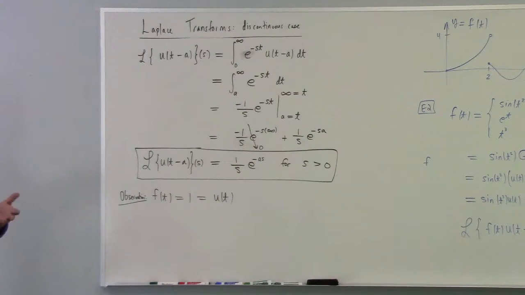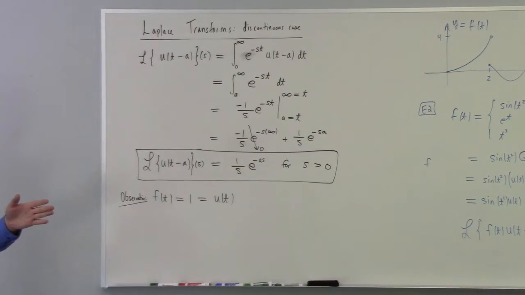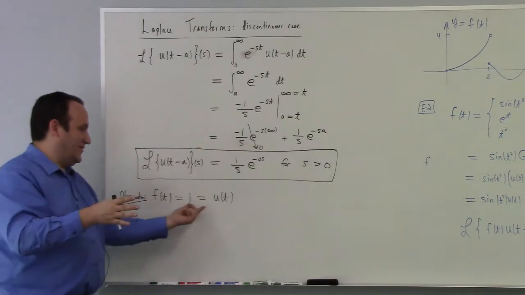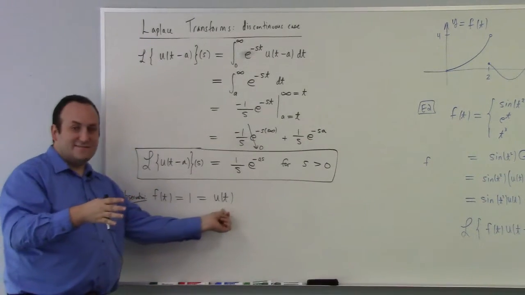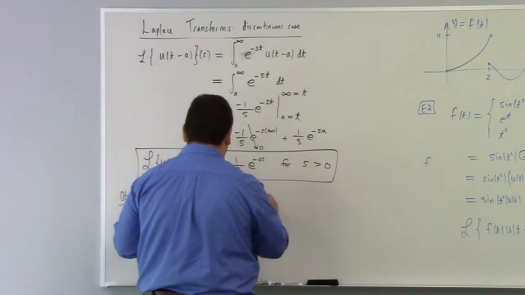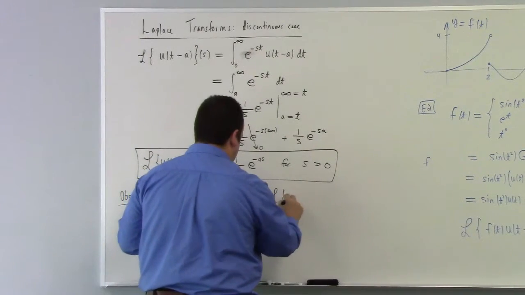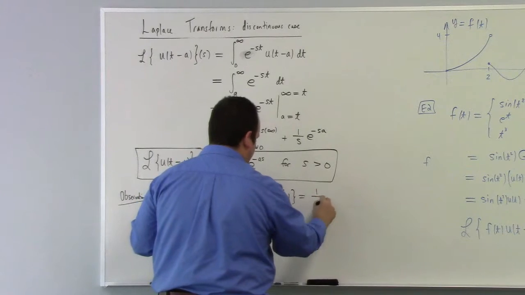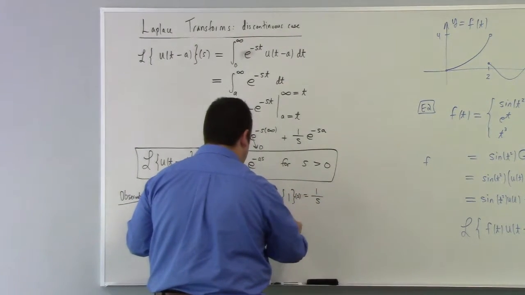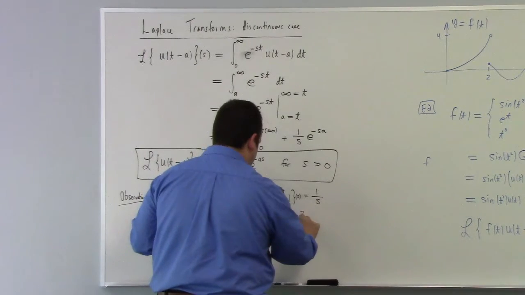That's ubiquitous through everything we're doing. Time starts at 0. That's the world in which this chapter lives. So how does this deal with the Laplace transform of 1? We know before it was 1 over s. But the Laplace transform of u of t, guess what that is?